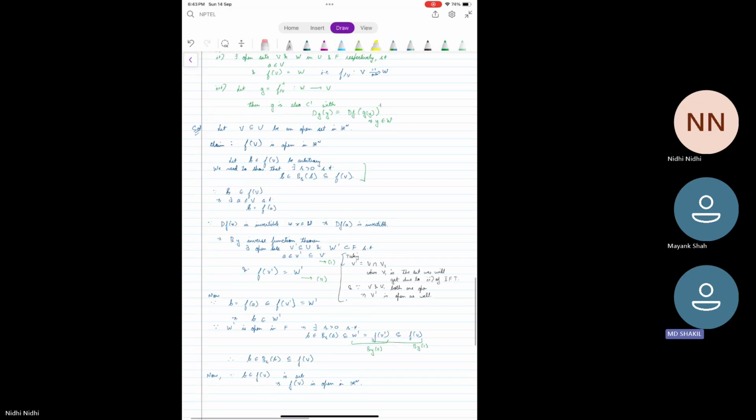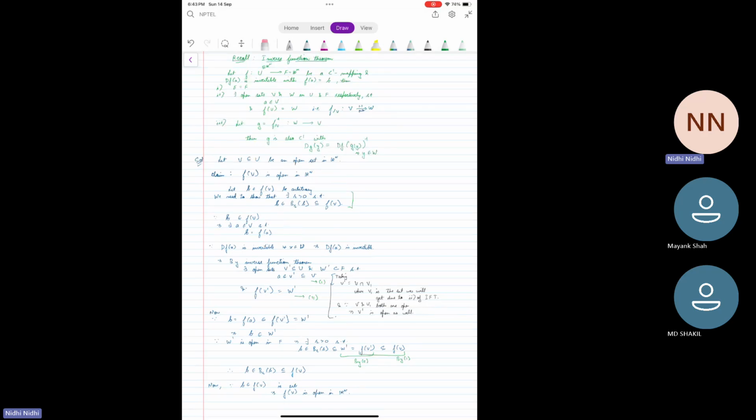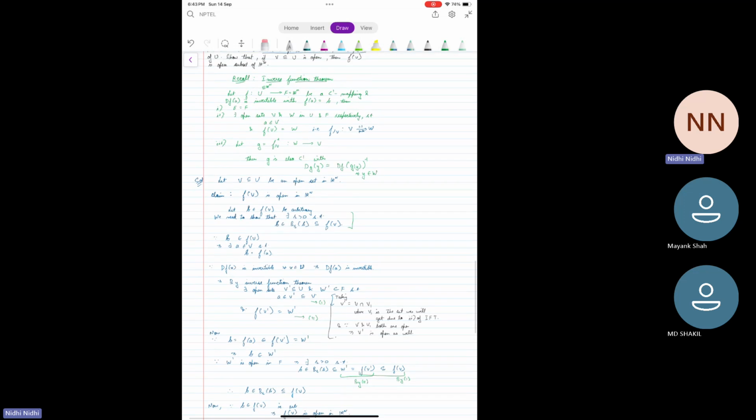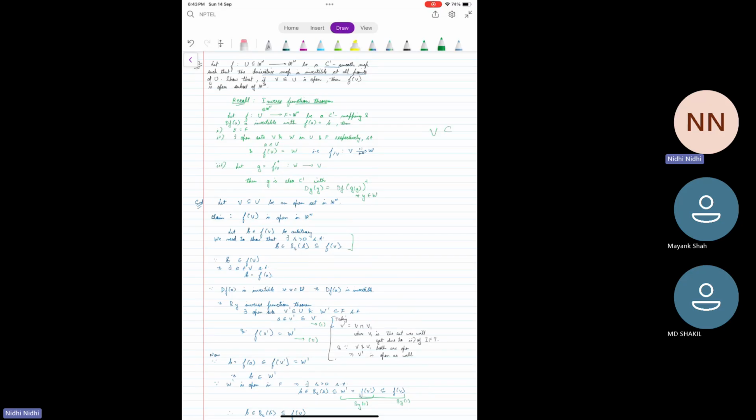Ma'am, please give an overview again. Okay. So mainly we are using the inverse function theorem to show that for any open set V in U, if this is open U, then f of V is open in the range set.